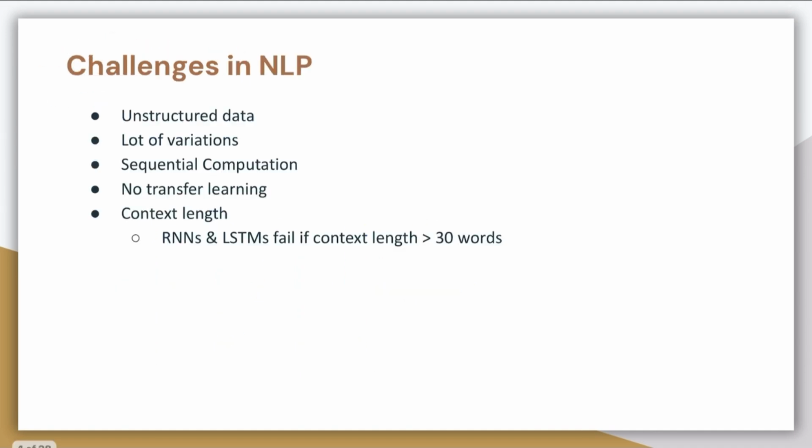So these are some of the challenges in NLP. We discussed this in the last video as well. It is unstructured data, highly unstructured compared to computer vision or tabular datasets, and it has a lot of variations. RNNs and LSTMs are sequential computation, so they are very slow. As RNNs and LSTMs fail for long range dependencies, there is no transfer learning concept, because transfer learning comes into the picture when you have pre-trained models.